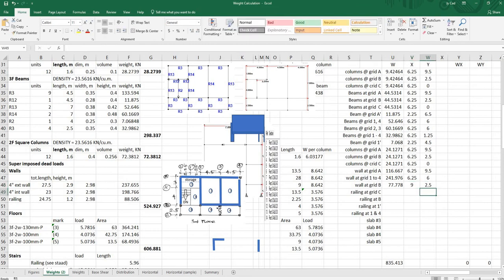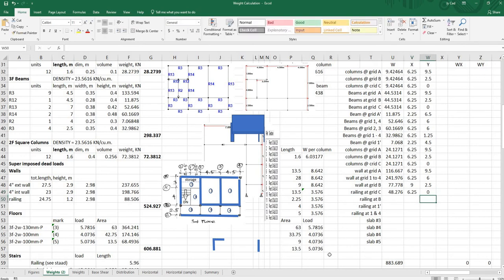Now let's go to the railing. We are done with the full height walls. So here, railing at grid C. That is equal to 13.5 times 1.2, that is our height, times 2.98. Its centroid would be 6.25 and 0.